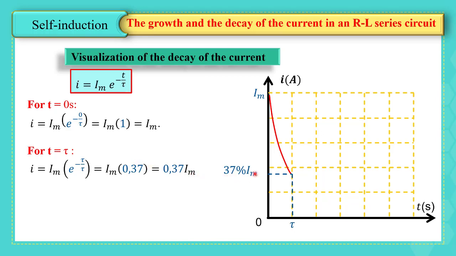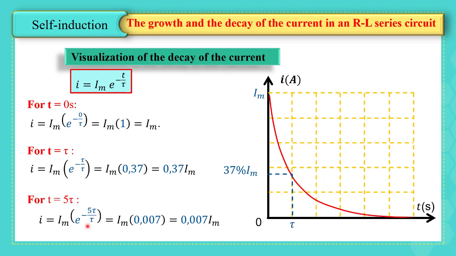So for t equal tau, the current i drops to 37% of its maximum value I maximum. And finally for t equal 5 tau, i equals I maximum e to the power minus 5, which will be equal to 0.007 I maximum. So for t equal 5 tau, i approximately reaches 0.